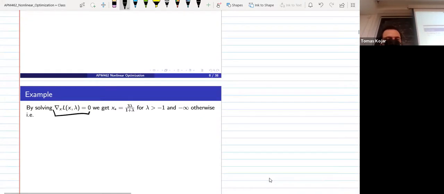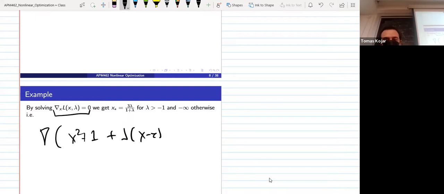So when I take the gradient of this, so what is that? This is x squared plus 1 plus lambda (x minus 2)(x minus 4).